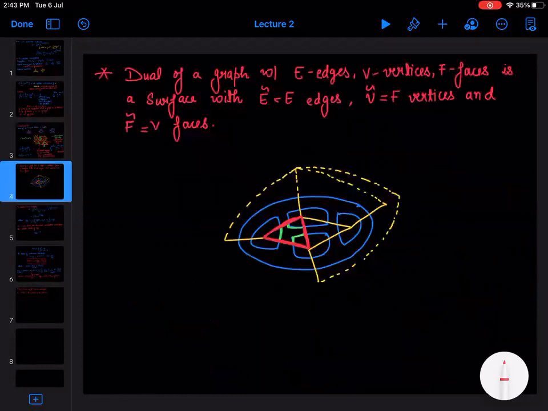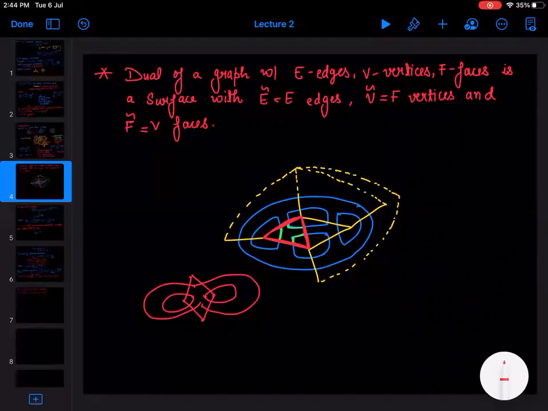So I'll just clarify it now. Yesterday I had this diagram, and I just said that you can draw a dual like this. So this is not actually the dual of this graph, but the dual of this 4-point vertex.